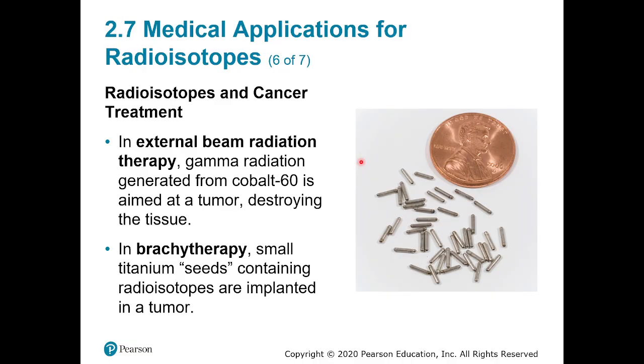Now, there is external beam radiation therapy. This is gamma radiation, generated from cobalt-60. This can actually be used on, have you ever heard of irradiated fruit? That's the fruit you buy from the supermarket. It does a very similar process. It's gamma irradiated to kill off all the cells on it.